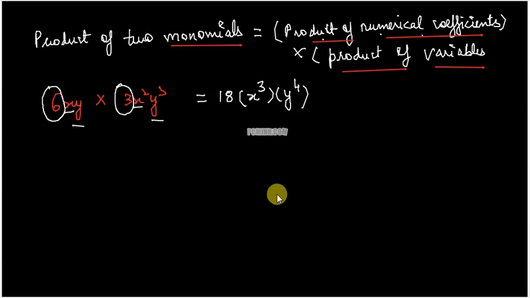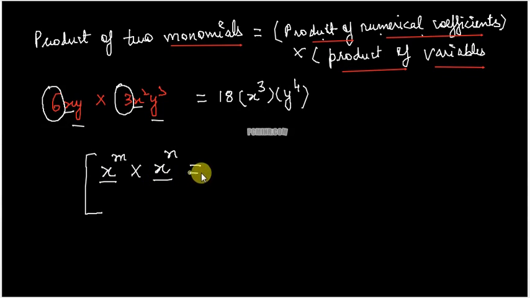Here I hope you know already that we are applying the law of indices: if you have x raised to the power m multiplied with x raised to the power n, these are exponential terms where we have powers or indices and the base is the same. This is also x, this is also x.